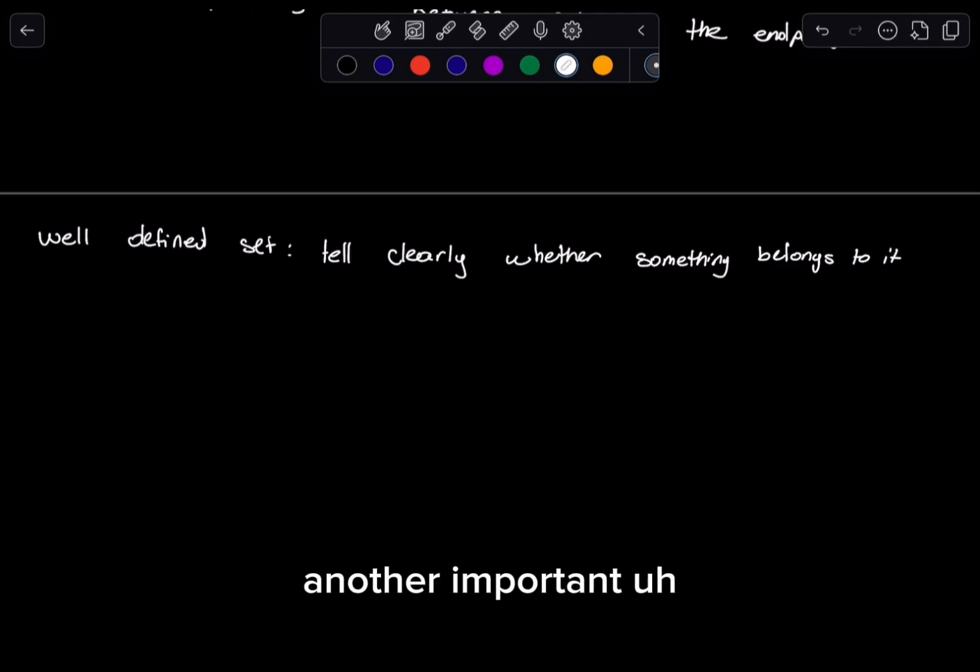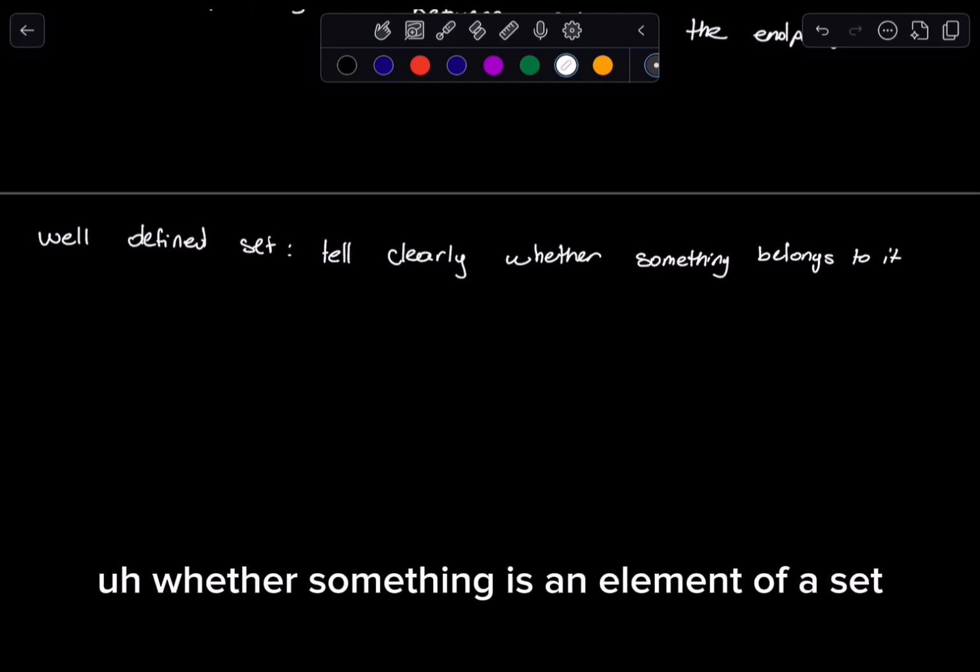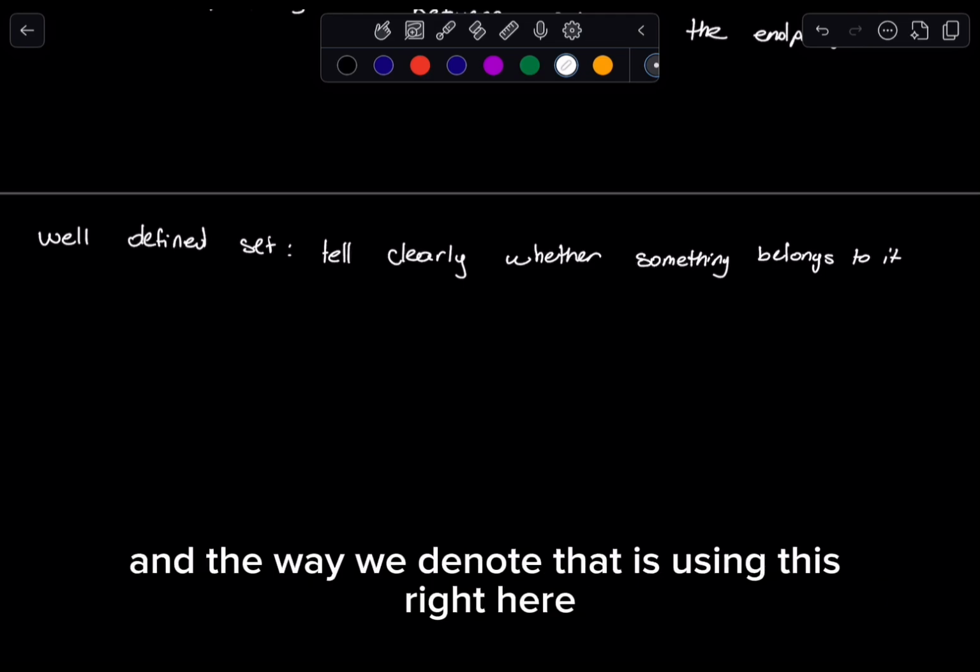Another important symbol that we need to know is whether something is an element of a set. And the way we denote that is using this right here.